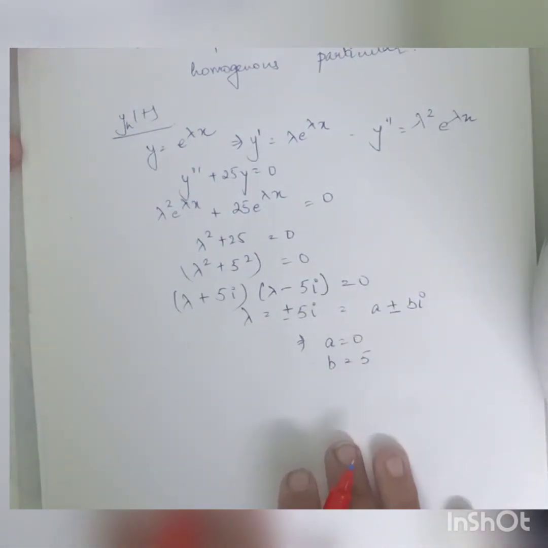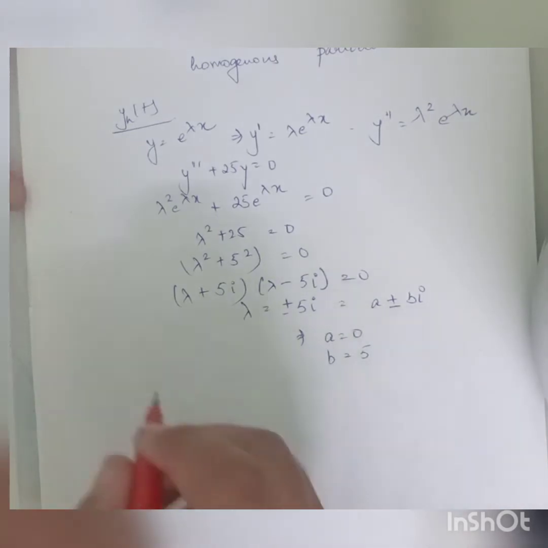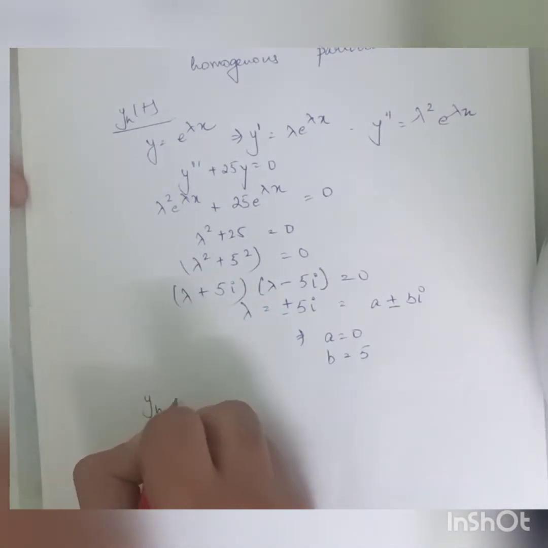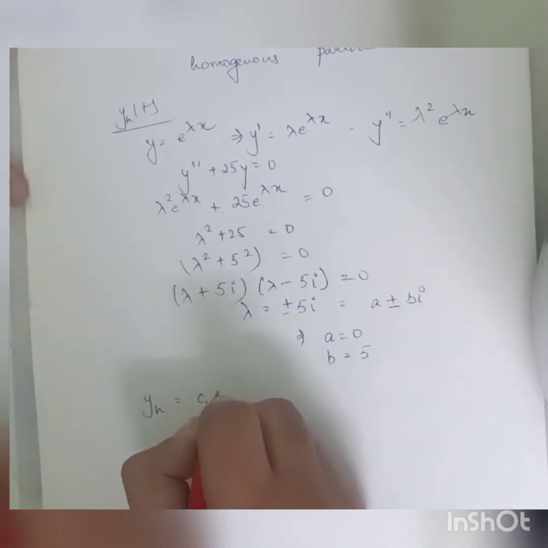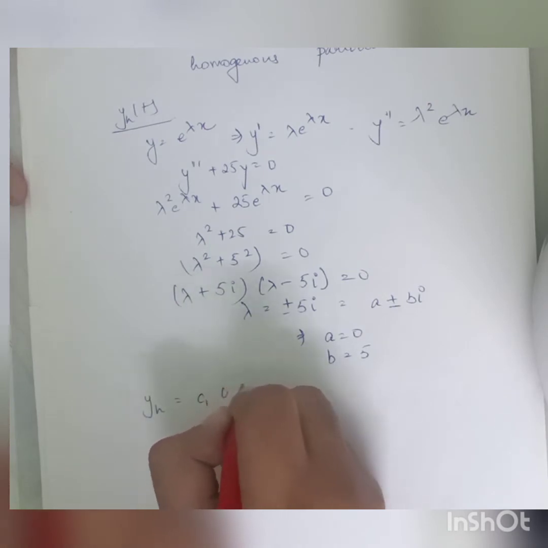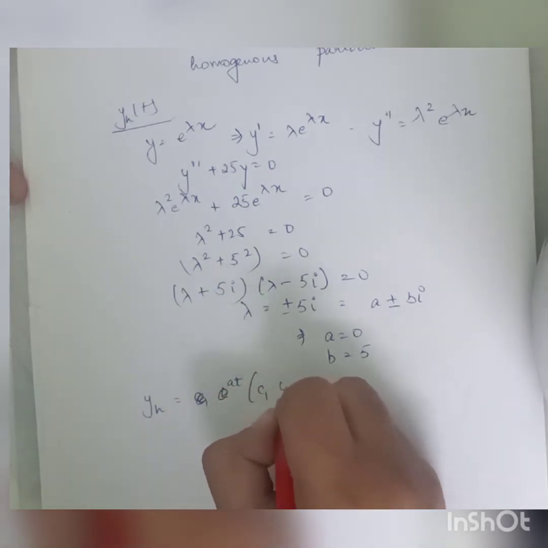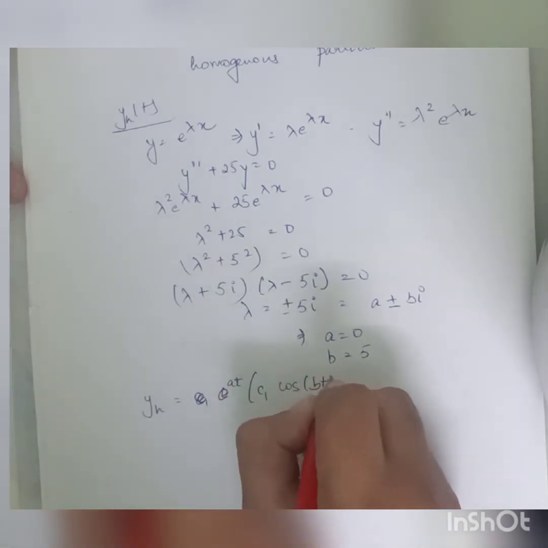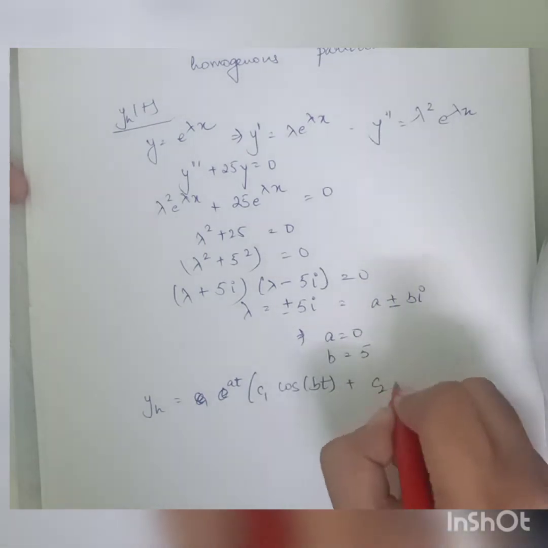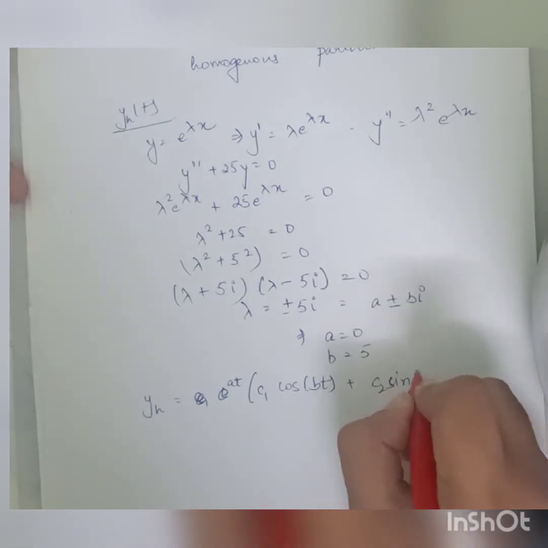Okay, now the general solution for yh is e to the power at common, so e to the power at times c1 cos bt plus c2 sin bt.